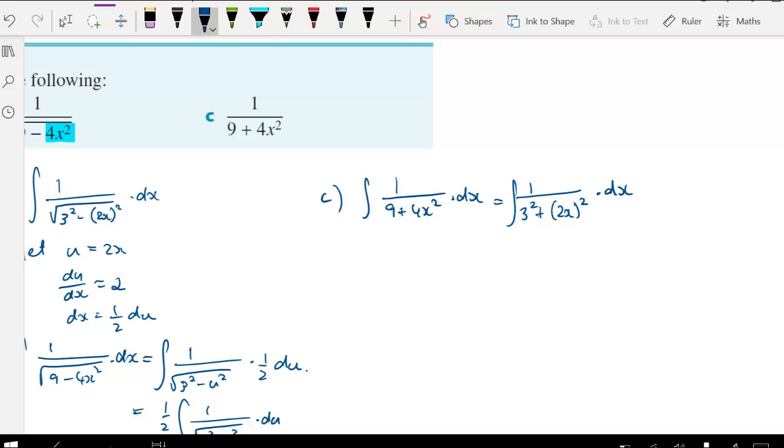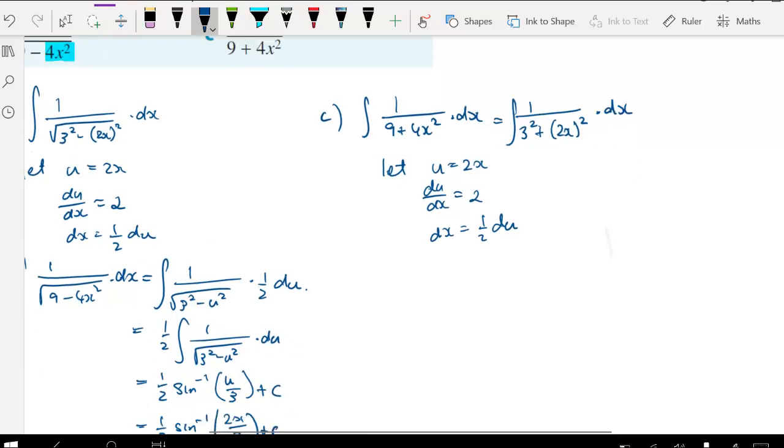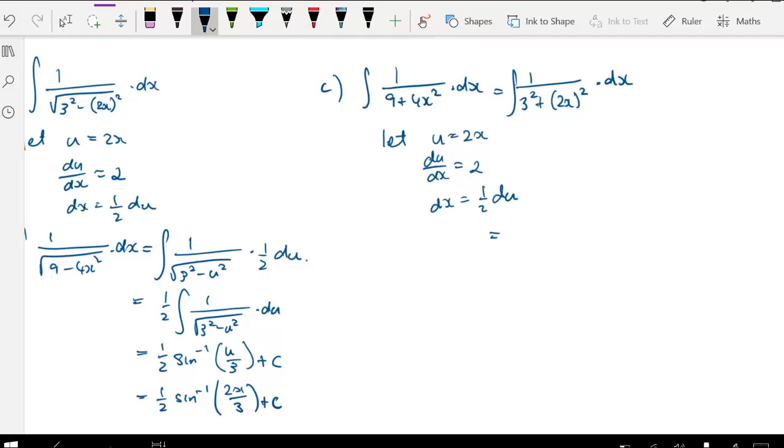And so once we've done that, we can say let u equal 2x, and we can go through a whole substitution process again. du dx is equal to 2, and therefore dx is equal to 1/2 du. And we can put this back in to say that it is the integral of 1 over 3 squared plus u squared times 1/2 du. And now we've got 1/2, 1 on 3 squared plus u squared du.